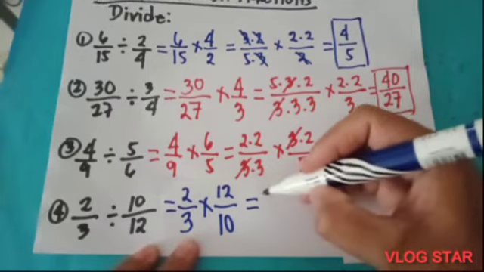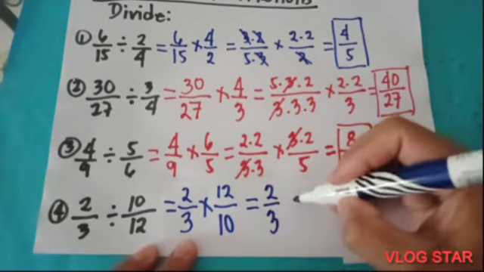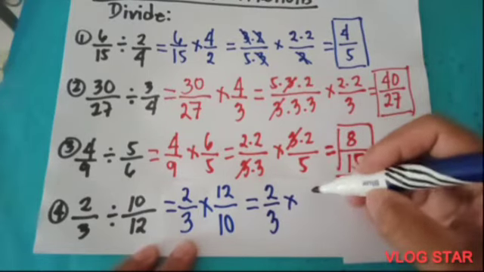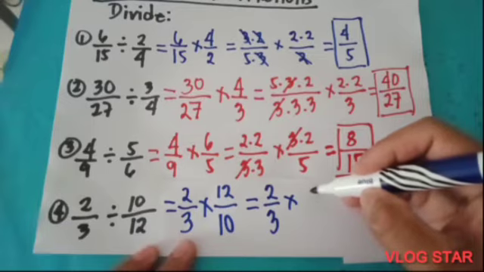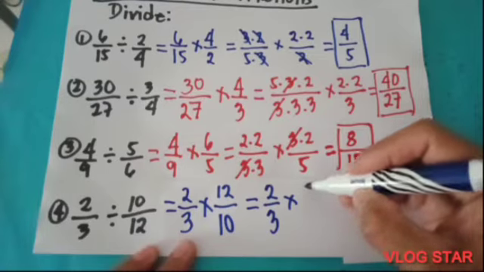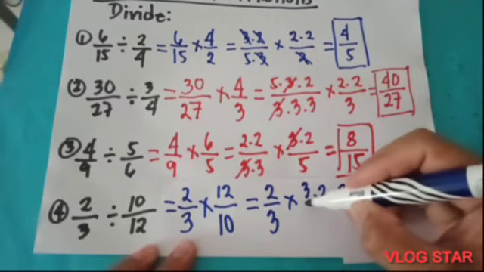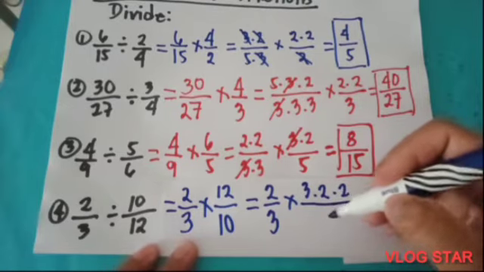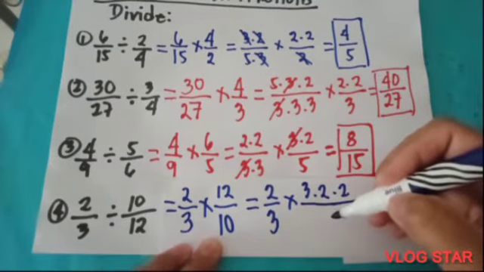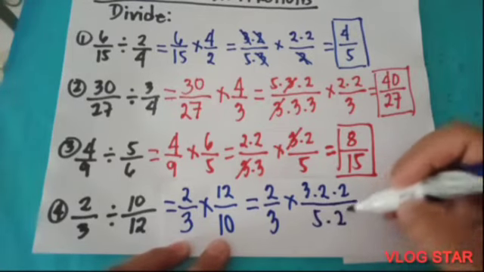Tapos, i-factor natin si 2/3. Ang factor ni 2/3 is 2/3 pa din. Times, yung factor ng 12. So, ang 12 is 6 and 2. Si 6 ay pwede pa ring i-factor. So, 3 and 2. So, 3, 2, 2. Ang 10 ay 5 and 2.